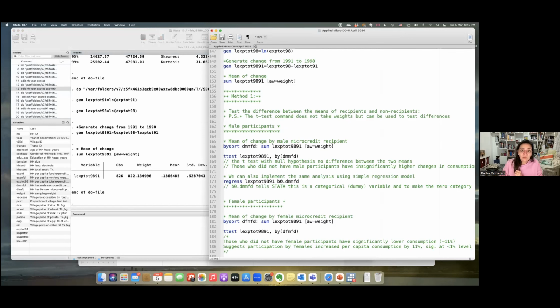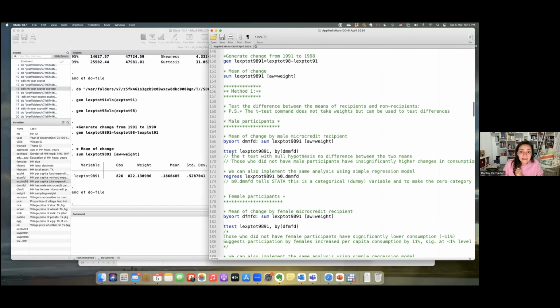Okay, so I will use the t-test command over this total expenditure per capita difference, the difference between total expenditure per capita in 98 and in 91. I will differentiate by the households who benefit from the male microcredit and the households who didn't benefit from the male microcredit. They may be benefiting from other microcredit, but now I want to focus only on the male microcredit program.